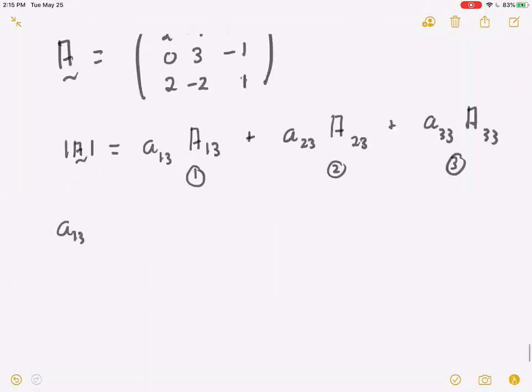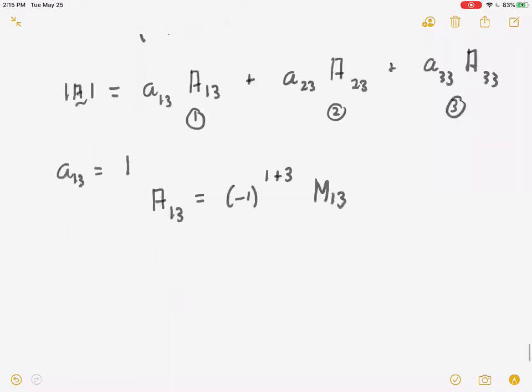First one is A sub 1,3. By inspection, that matrix element is just the number 1. So the cofactor A sub 1,3 is minus 1 raised to the 1 plus 3 power times the minor m sub 1,3. And once you start getting the hang of doing these problems, you can start going at a faster clip. The minor m sub 1,3 is just the determinant of the matrix you get when you eliminate the first row and the third column of the original coefficient matrix.